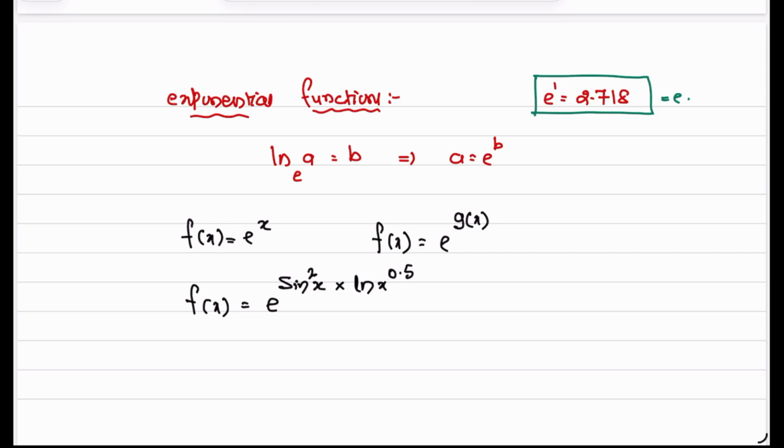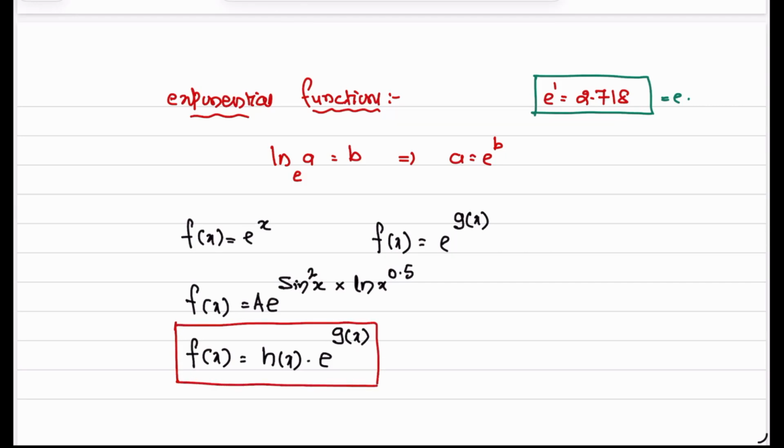And f(x) can be something into g(x), some constant a into g(x), or some other function h(x) into g(x). f(x) can involve exponentials, some h(x) into e to the power of g(x). Please see the beauty with the functions.